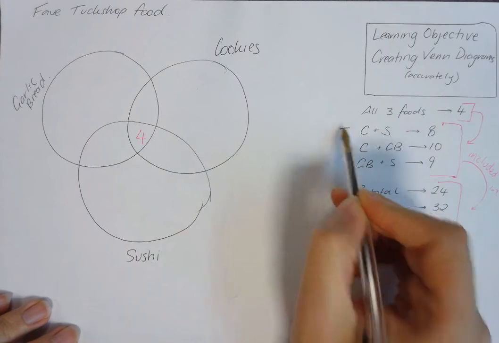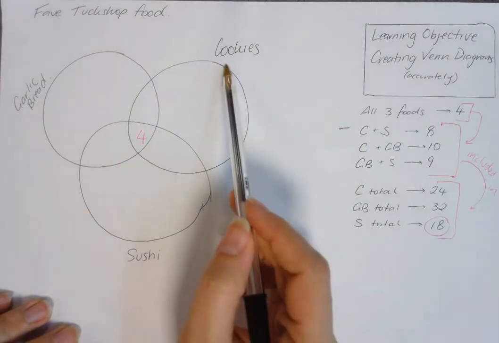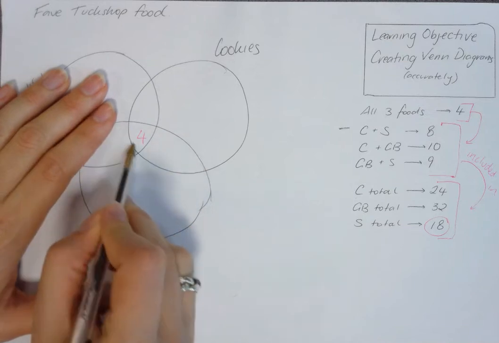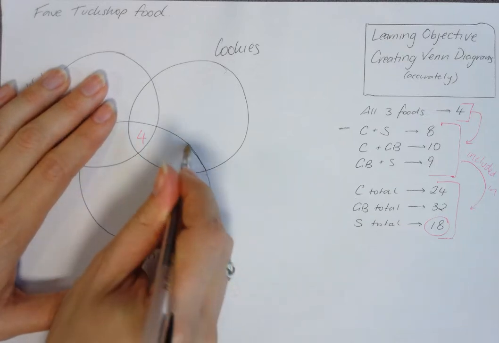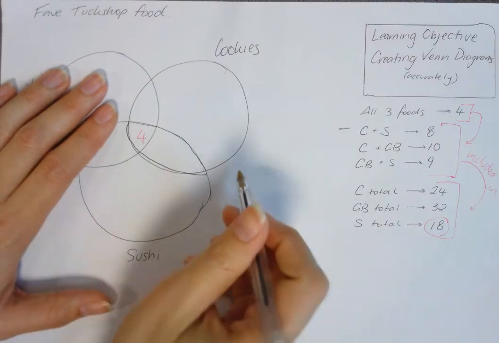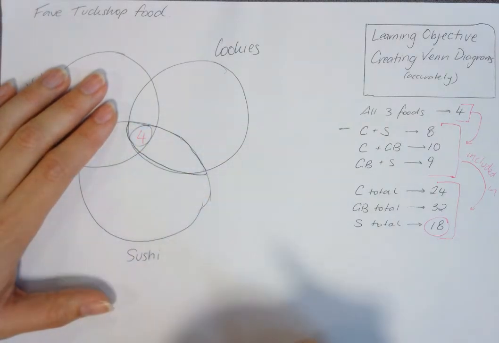Cookies and sushi. So here's our cookies circle and here's our sushi circle. So that means this intersection here is cookies and sushi. We know that 8 people like cookies and sushi, but you've got to include this 4.